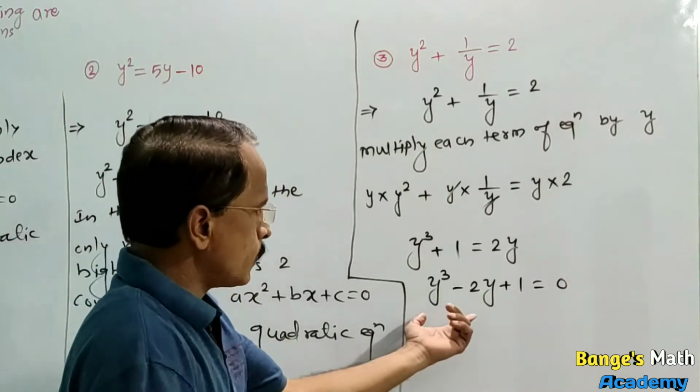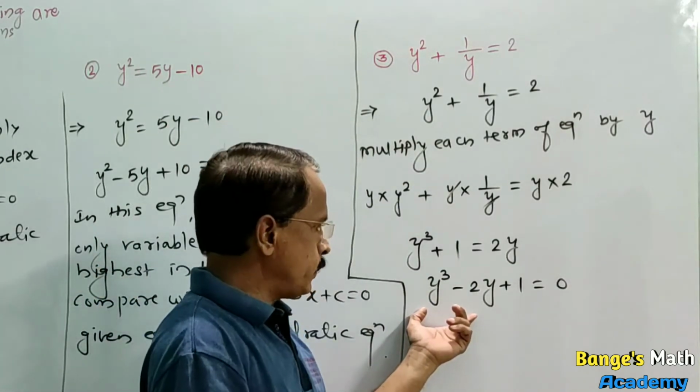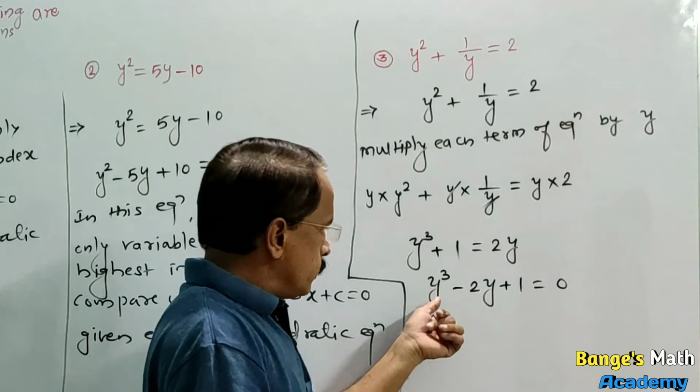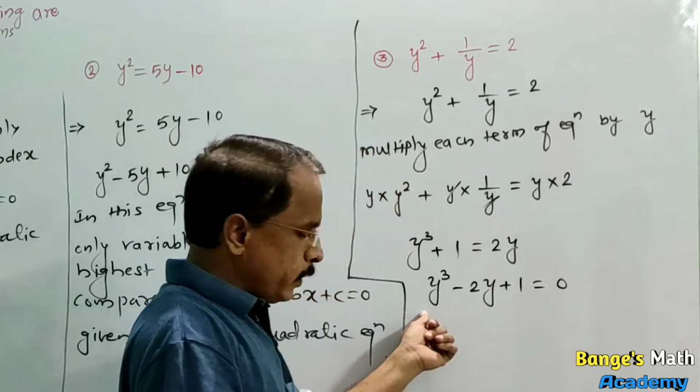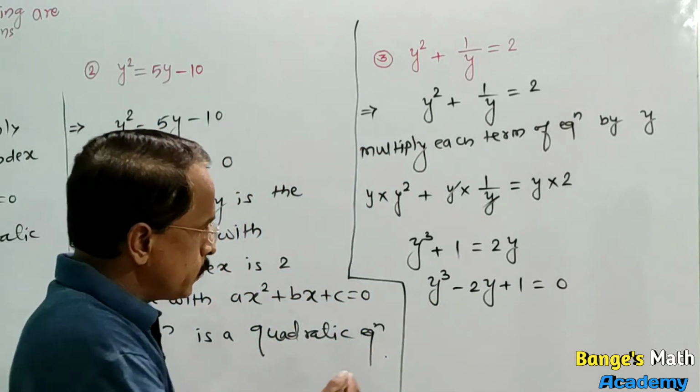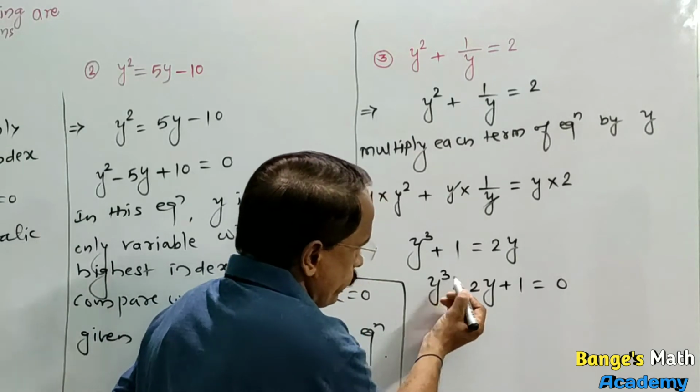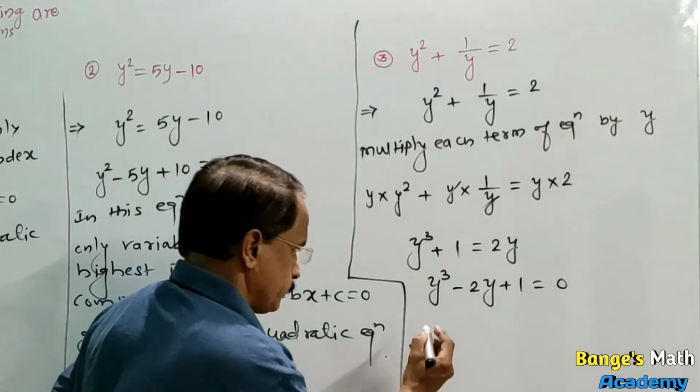Then see, if we observe this equation, y is the only one variable, but the highest index of the variable is 3.